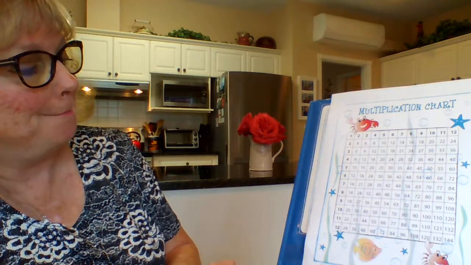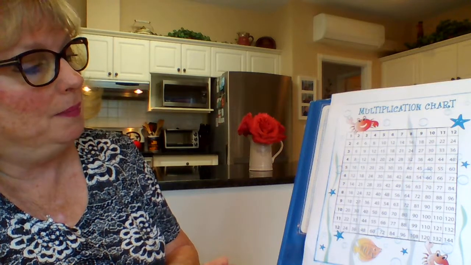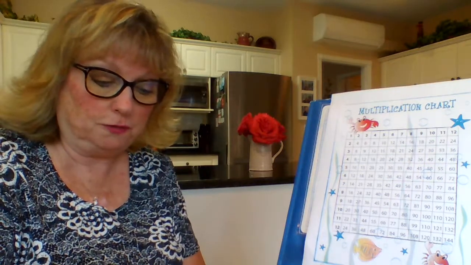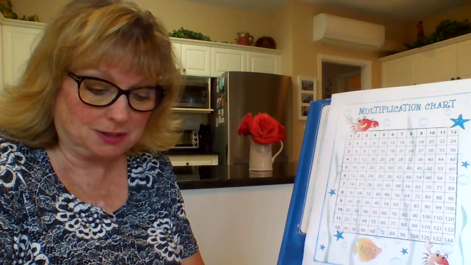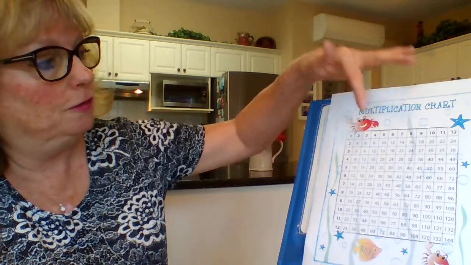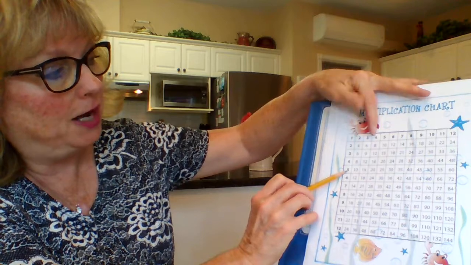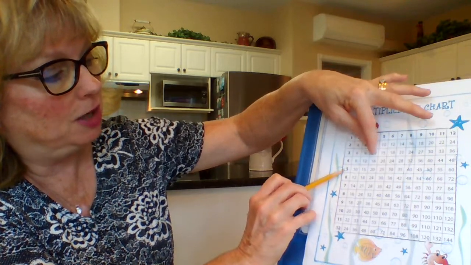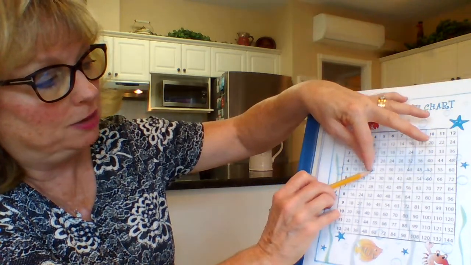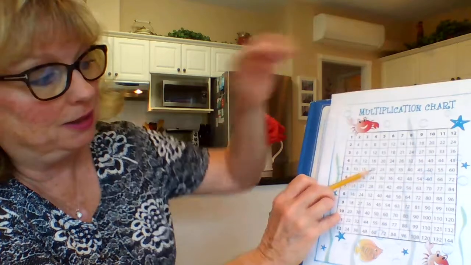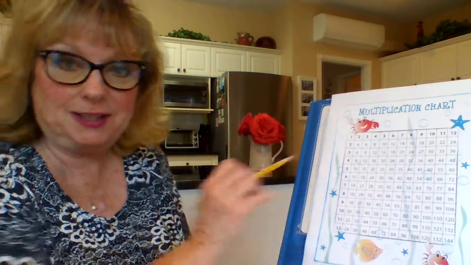Let's try another one. Maybe a bigger one. How about trying 4 times 5? Find the 4 and the 5, and follow down the column and follow down the row until you meet on the same square. That's 20. Did you find that there? 20. Okay.